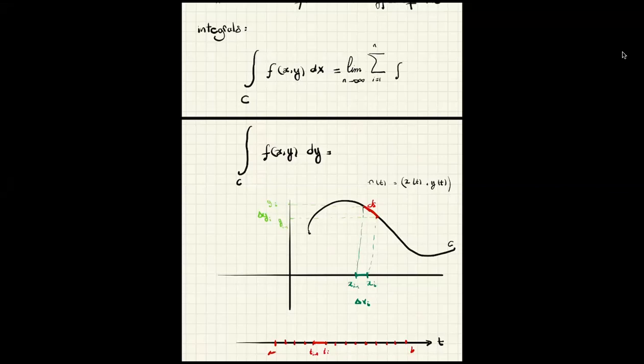Now we take a point f(xi star, yi star), right? A point here and a point here, and then we multiply by delta xi, right? And this is some point here. And then we do the same thing.